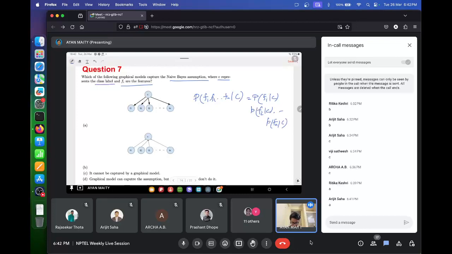So these feature values only depend on the class level. The class level would be the parent node or the root node, and all the features would be dependent on that node. So there would be directed edges from c to f1, f2, up to fn. So option A is the correct answer.